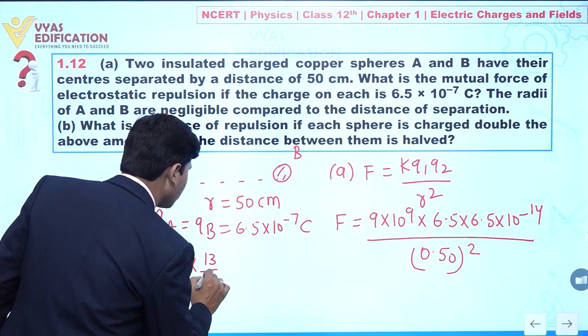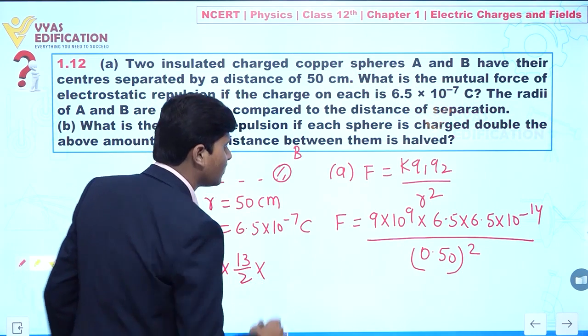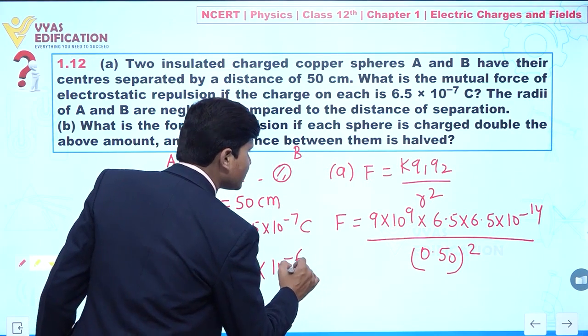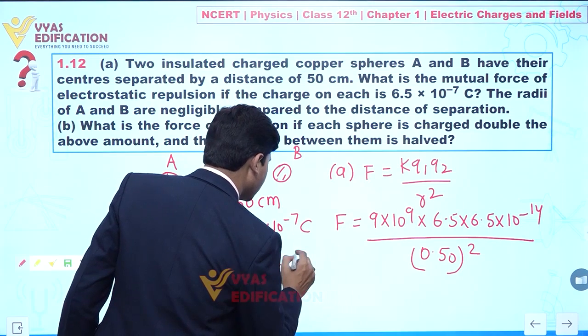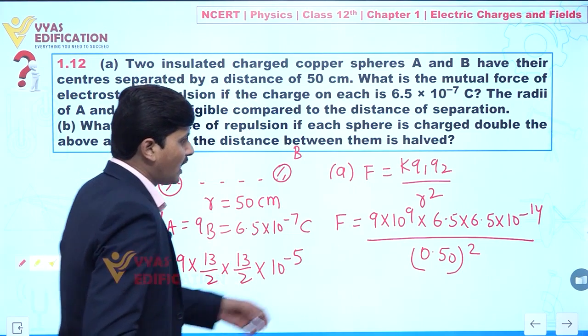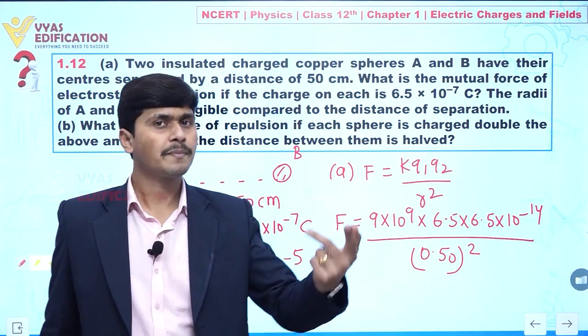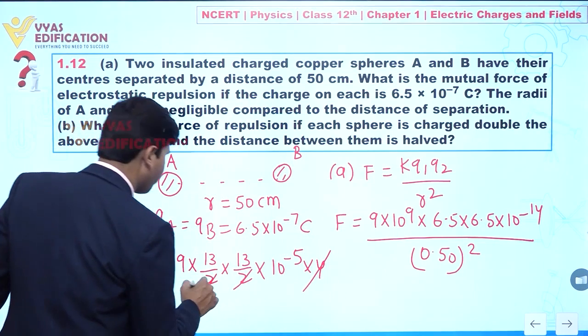So 13 by 2 into 13 by 2 multiply 9, and 10 to the power minus 14 with 10 to the power minus 6 gives 10 to the power minus 5. And here we have 0.50, it means 1 by 2, squared becomes 1 by 4, 4 goes to the numerator, so the 4 and this one cancel out.